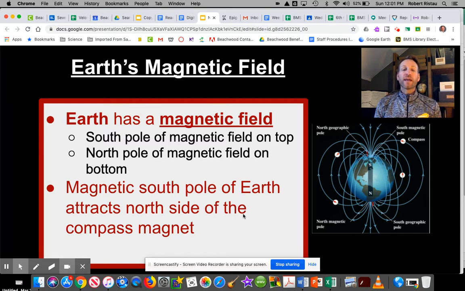So I'm hoping that as you think about these three non-contact forces, you saw a pretty close connection between the factors and characteristics of the magnetic field compared to the factors of the electric field. Besides the fact that they decrease in strength at a decreasing rate as you get further away, we also have to make the connection between like charges or like poles and opposite charges and opposite poles.